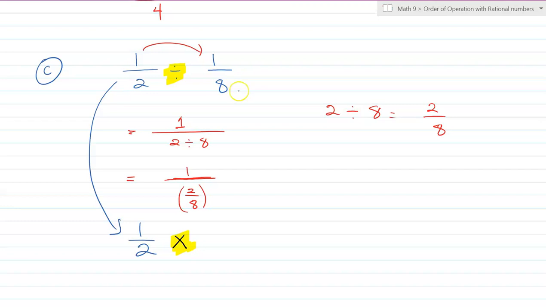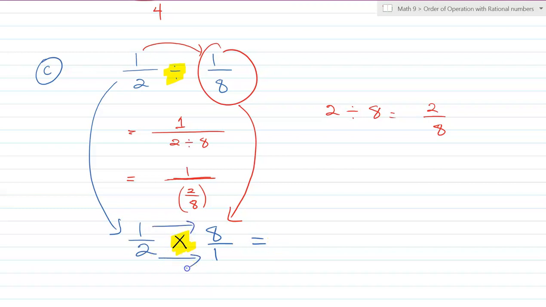So 2 over 8 becomes 8 over 2. And now, because it's a multiplication, you multiply the numerators and multiply the denominators. So in this case it would be 8 over 2, and 8 over 2 is 4. You're using the reciprocal.